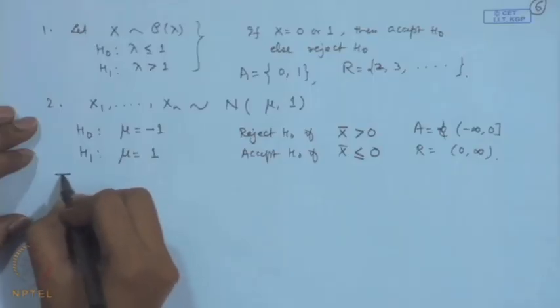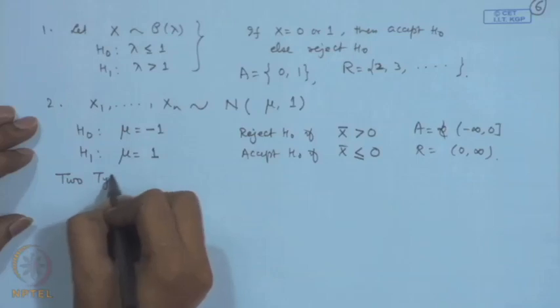Because the hypothesis involves the unknown parameter of the distribution or the population, which we are not sure what actually the value is, whatever sampling scheme we have employed, it may be possible that based on the sample we are taking this decision. Therefore, we are likely to commit two types of errors.